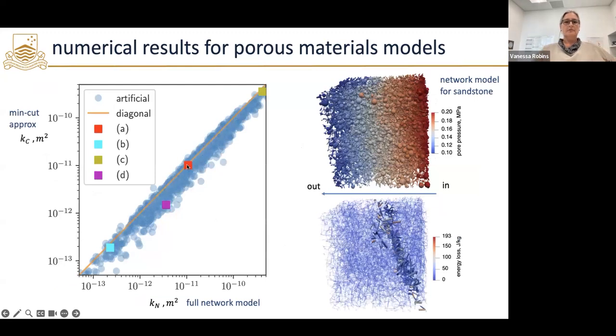So the 4 real materials had a very big span in terms of their permeabilities. What I'm plotting here is the network permeability calculation versus our min cut approximation, yeah? And you can see it scales reasonably well over many orders of magnitude. So that's a pretty nice result, I think. And it also captures the scaling of the 4 very different materials.